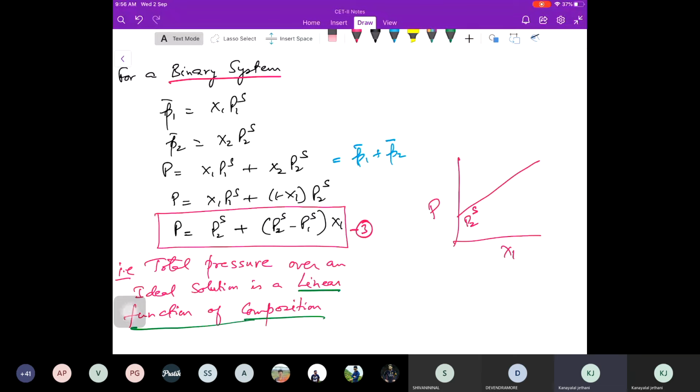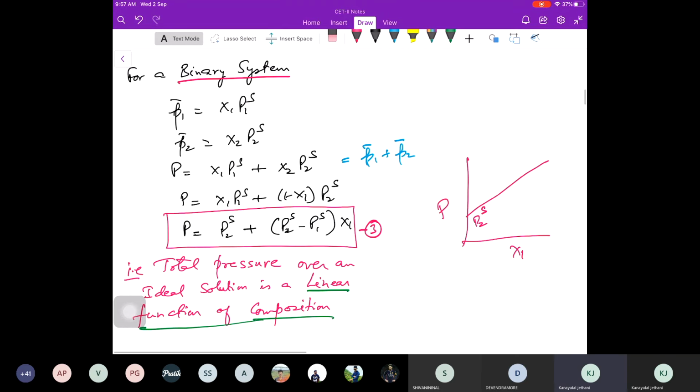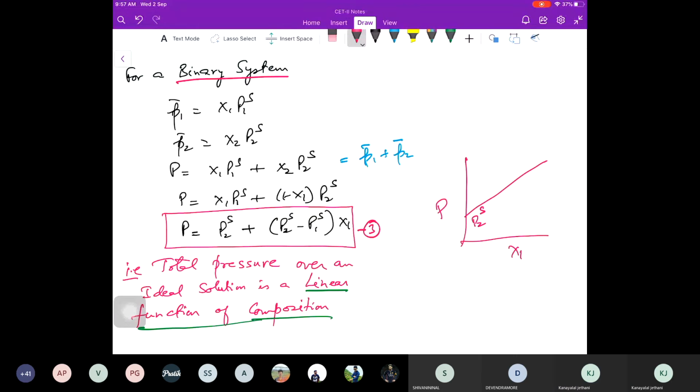So essentially, if you plot equation 3, the y-axis is total pressure and the x-axis is x1. So you get a straight line with intercept equal to P2s and slope equal to P2s minus P1s. समझ में आया ये? यस सर। Okay.